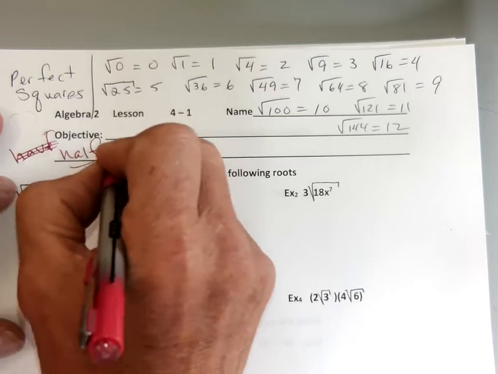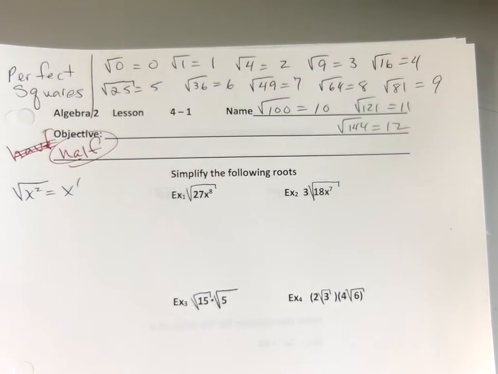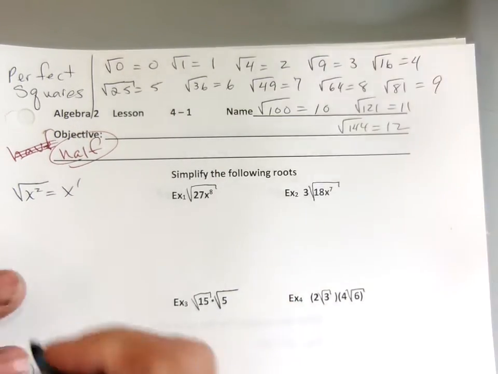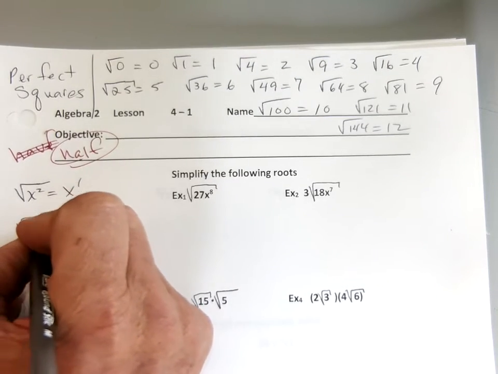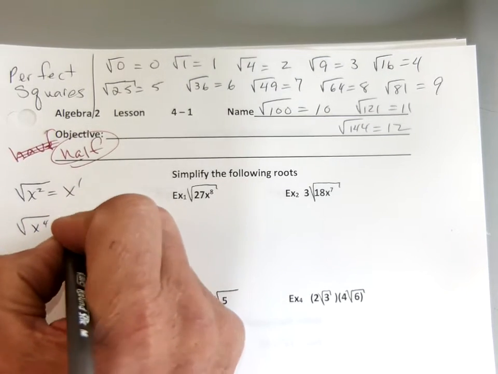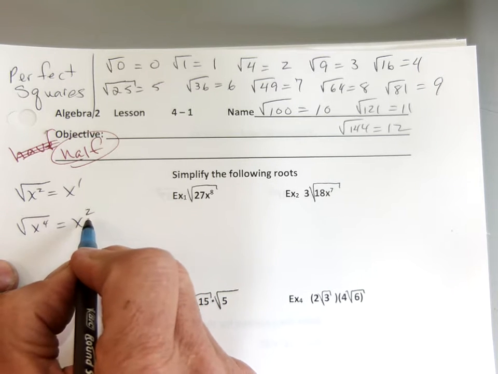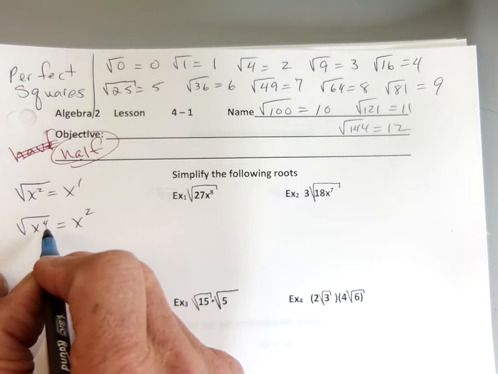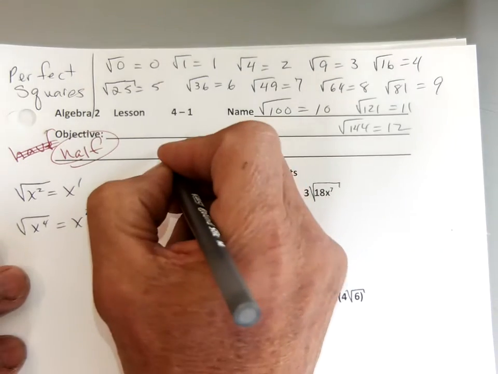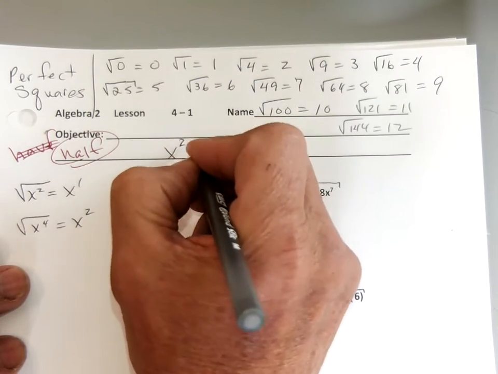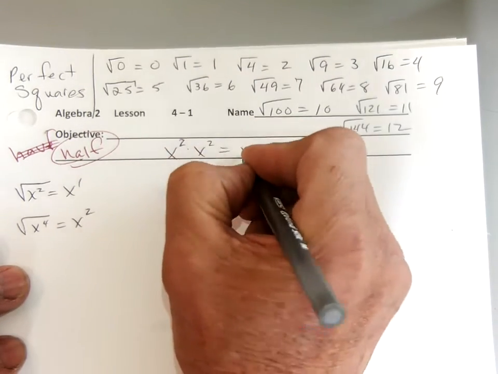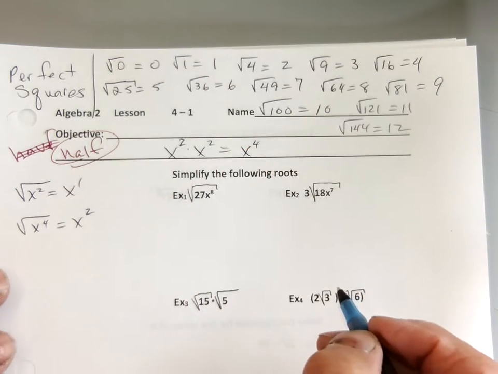Half the exponent, okay? So that means the square root of x to the fourth is x to the second, because x to the second times x to the second is equal to x to the fourth. Check it out. x to the second times x to the second is x to the fourth, because you add exponents, okay?